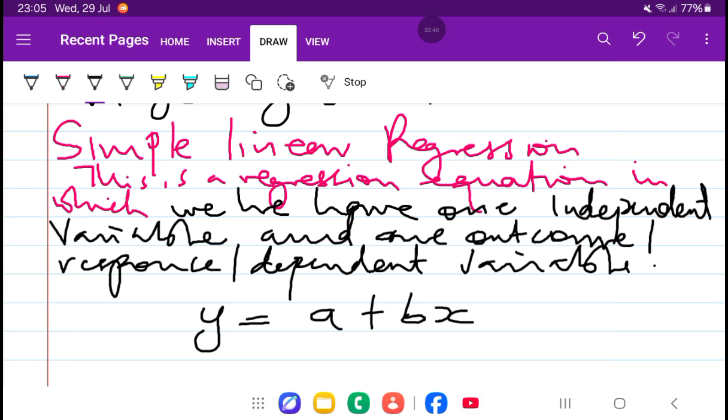Now, of course, you'll find that most textbooks will try to use different letters.